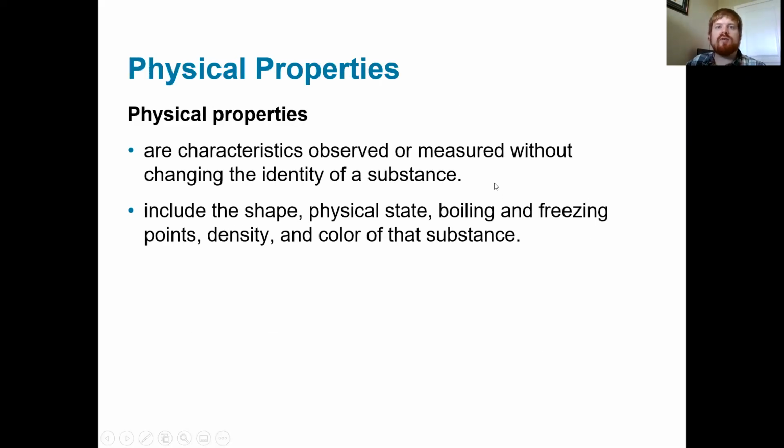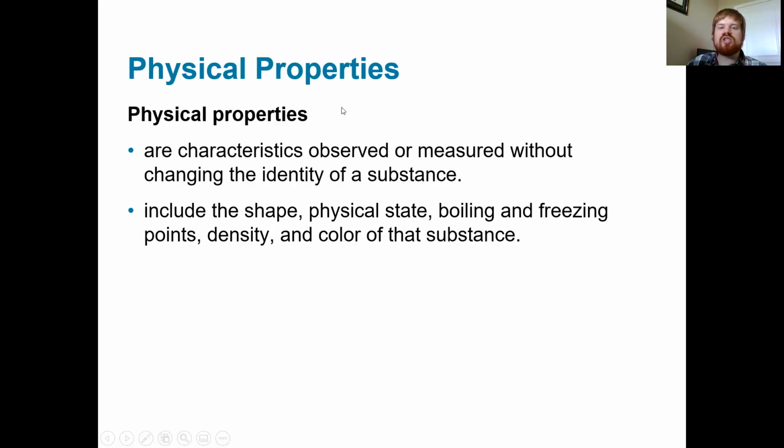Okay, so now that we've covered states of matter and the classification of matter, we want to talk about physical properties and chemical properties. This is a way that we can define our conversation about a certain substance. Physical properties are characteristics that you can measure or observe without changing the identity of a substance.